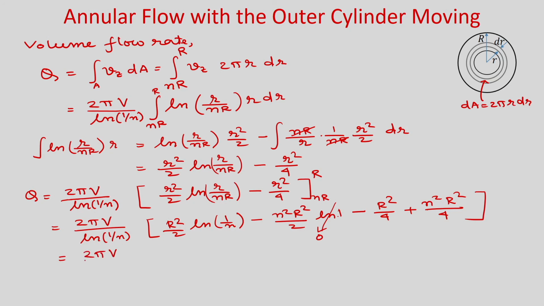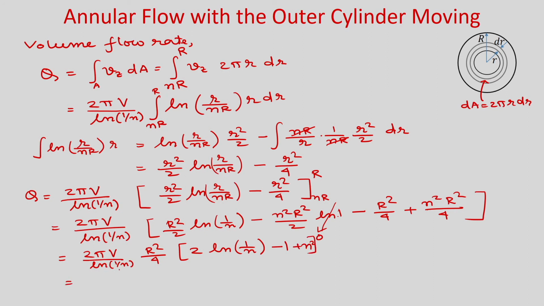twice pi v divided by ln 1 by n, r square by 4 if you take outside. So, you will get 2 ln 1 by n minus 1 plus n square.